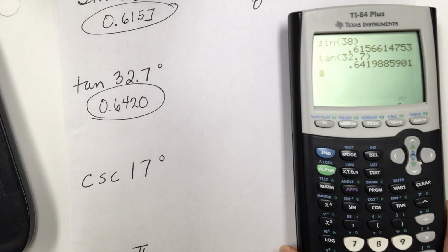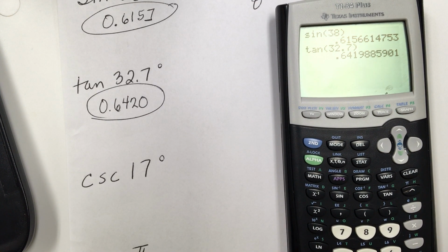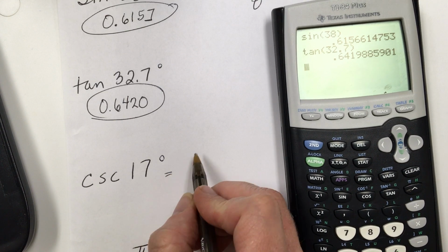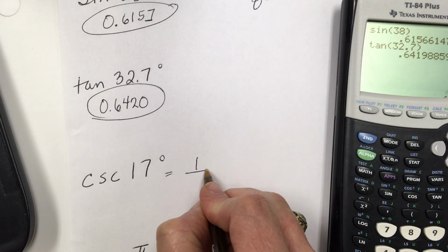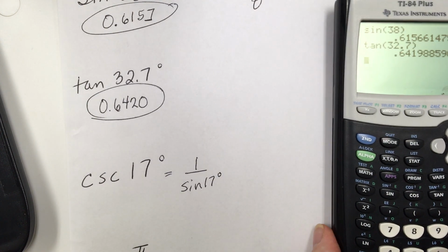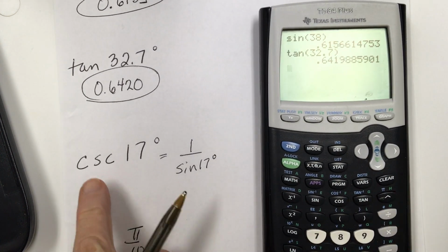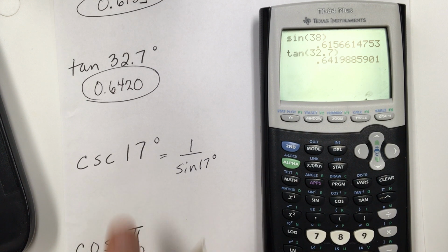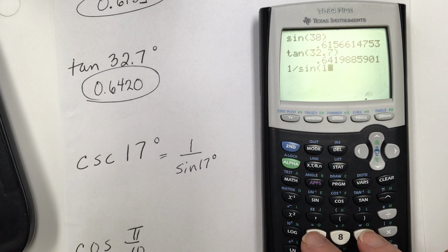But remember that cosecant and sine are reciprocals of one another. Therefore, I will use, for this problem, 1 over sine of 17 degrees to find the decimal value of cosecant of 17. So I will hit 1 divided by sine of 17.